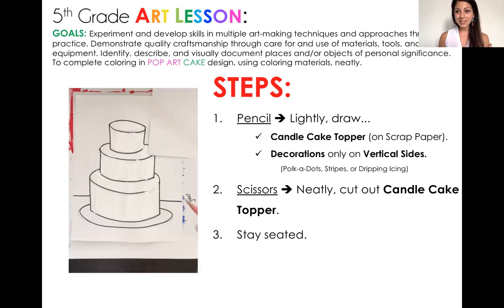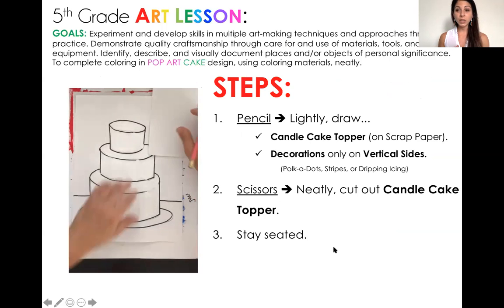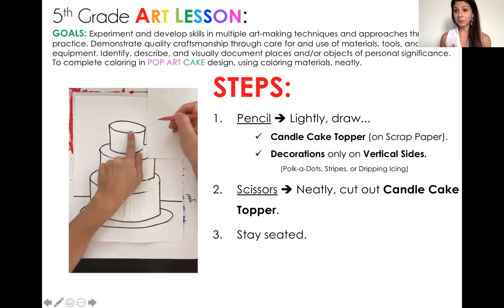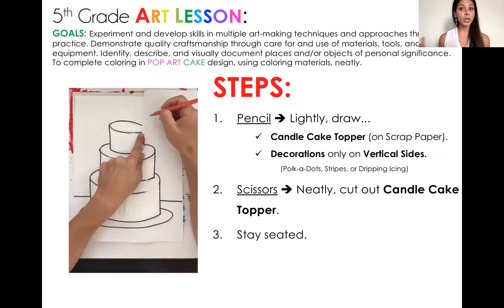As we progress towards the completion of this project, we're going to begin with a pencil, and using your white scrap paper, as you can see in the video, you're going to illustrate your own cake topper. This could be any type of candle, but feel free to use an object like an emoji.